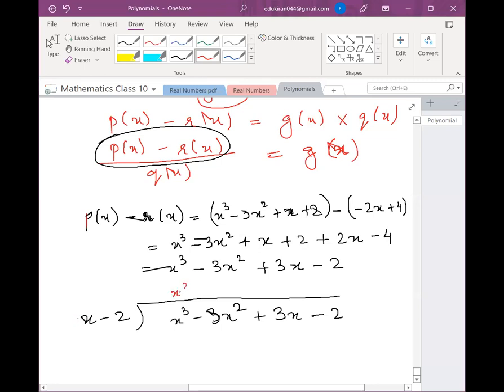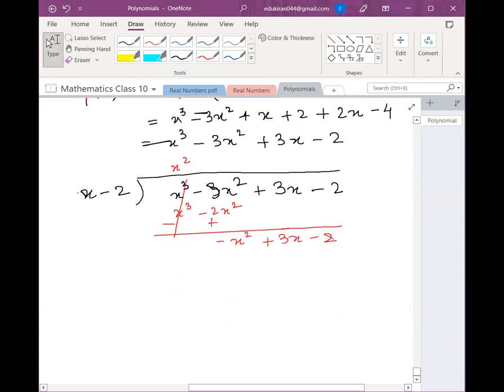So x square, right? x into x square, x cube. And then minus 2 into x square, minus 2x square. Minus and plus, so 0, and minus x square plus 3x minus 2. Clear? Okay, if you have missed writing, I'll scroll it afterwards.